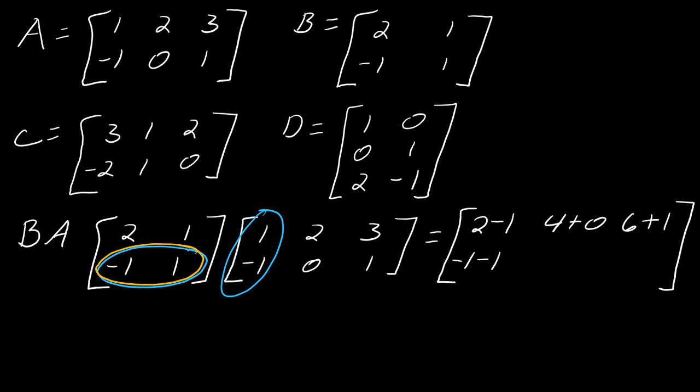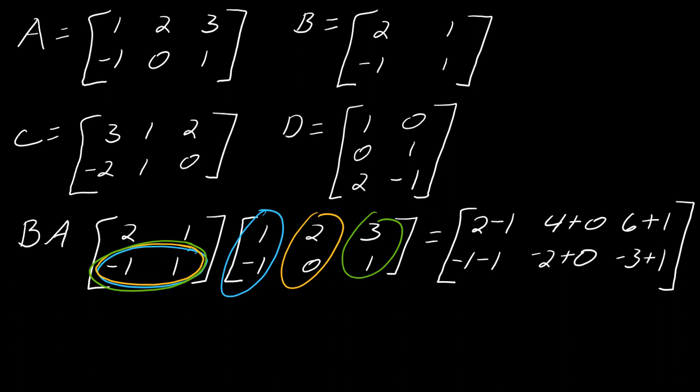Then we'll have this row times this column. So -1 times 2 is -2, plus 0. And then finally, this row times this column. So this will be -3 plus 1. Okay, so there's everything multiplied out.